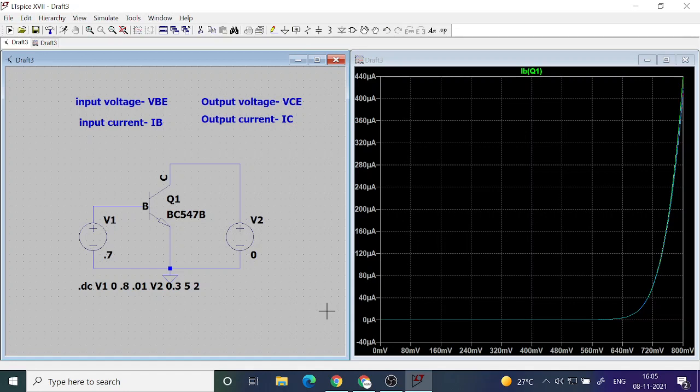From the input characteristics we found input resistance. From the output characteristics we found output resistance. By comparing the input and the transfer characteristics we found beta. So these are the things for this experiment number 7.